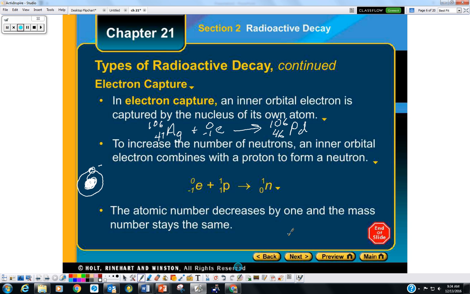All right. So in this one, again, the statement that kind of sums it up: the atomic number decreases by 1 and the mass number stays the same. Because remember that an electron essentially has no mass in relation to the size of a proton and a neutron.